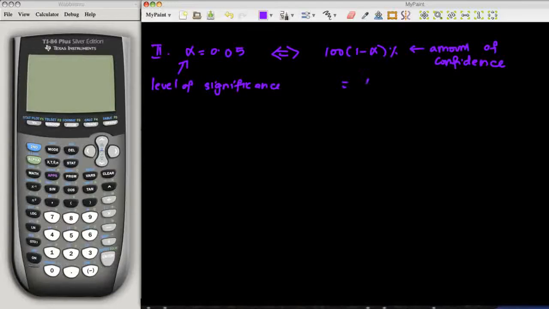And that is 100 times 1 minus 0.05 %, and that gets 95%. Step 3, we'll have to find the test statistic.